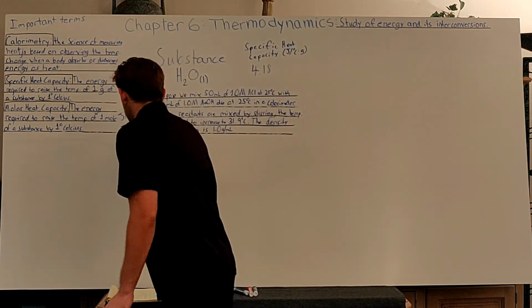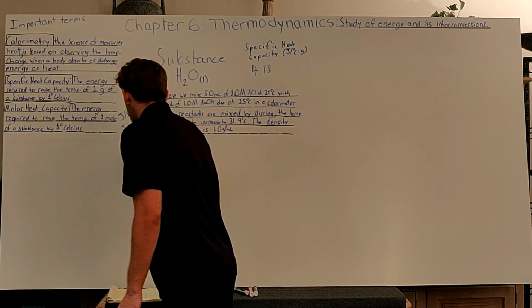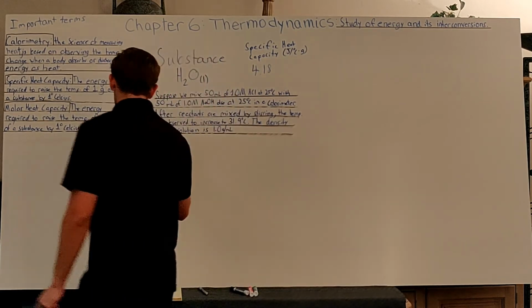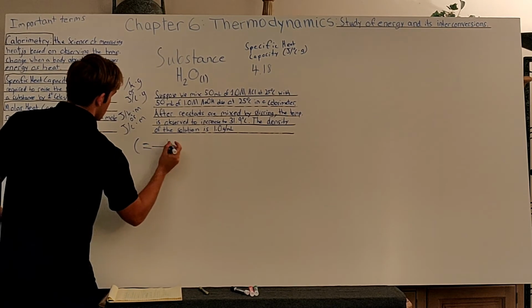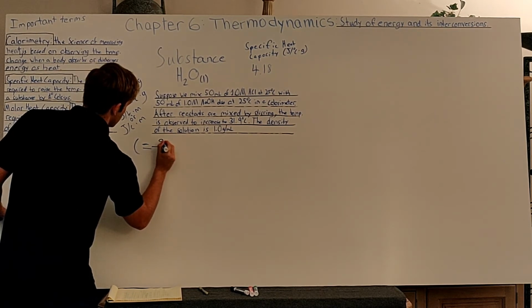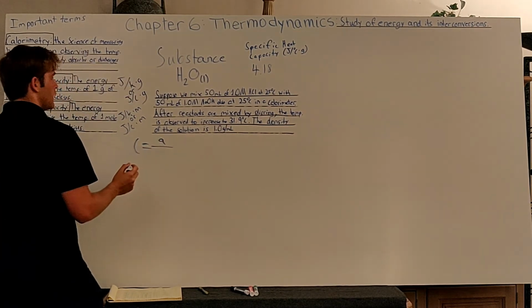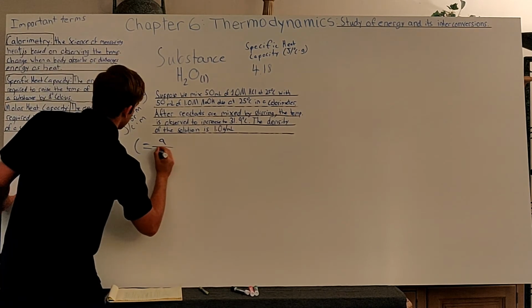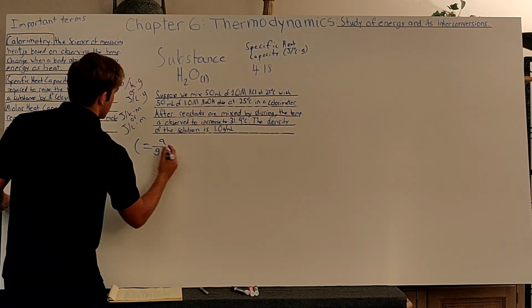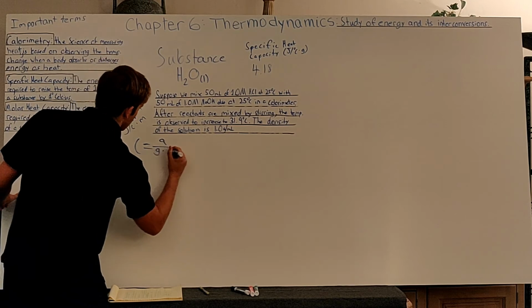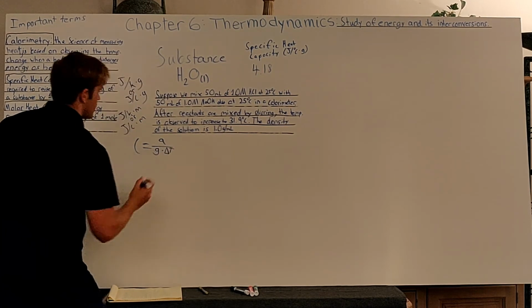So specific heat is often represented as a C. So C equals your energy, joules, divided by your mass, your grams, times your change in temperature.